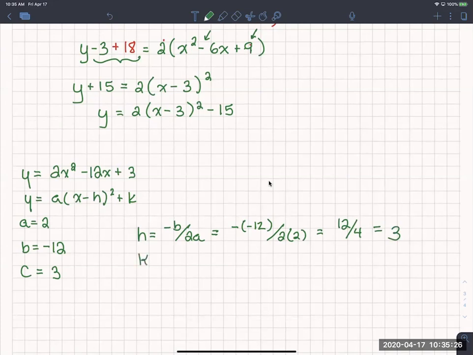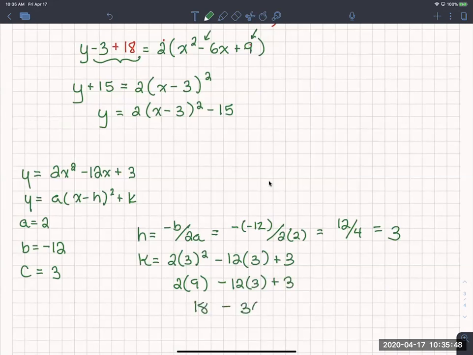And to find k, we have to plug the 3 back into the equation and solve. So first we do the exponent. Multiply. So 18 minus 36 is -18, plus 3 is -15.